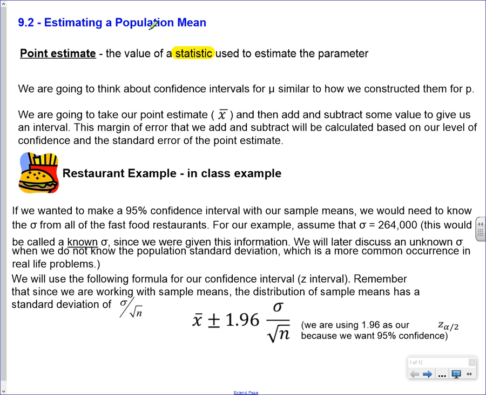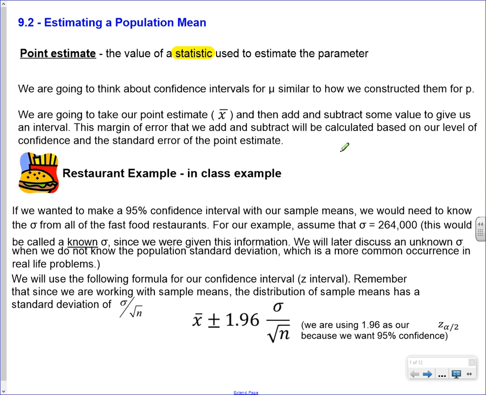Here we're going to be using x bar as an estimate for mu. We're going to create a confidence interval allowing for that margin of error, which is just our sampling error, the fact that we're taking a sample to infer something about the population.